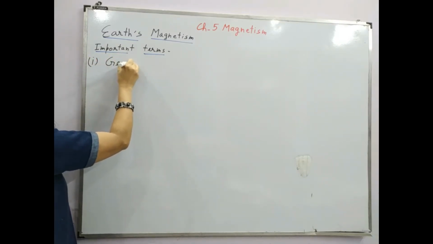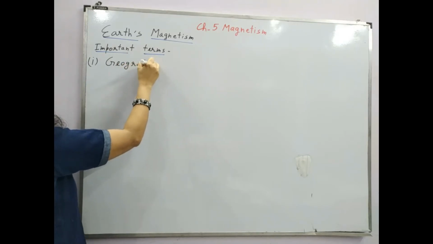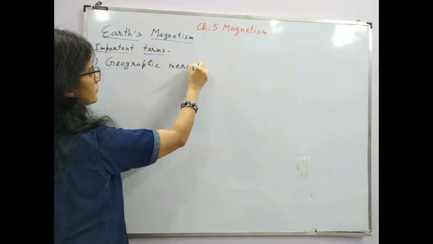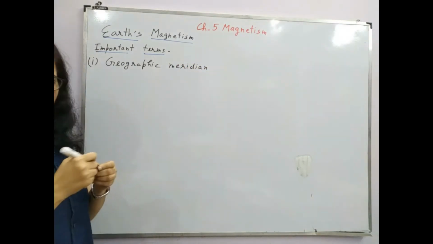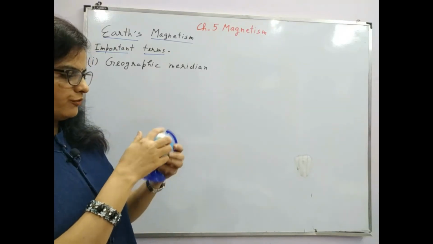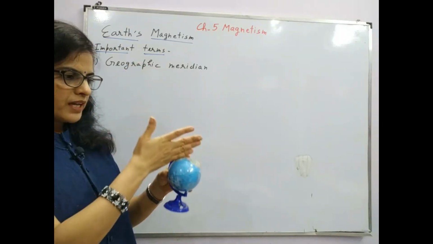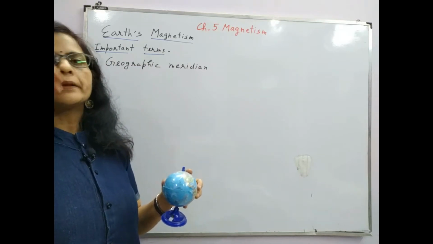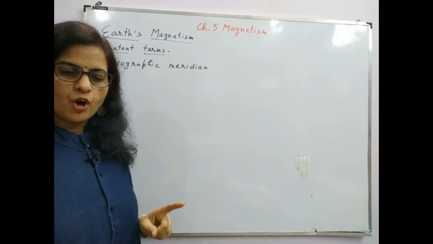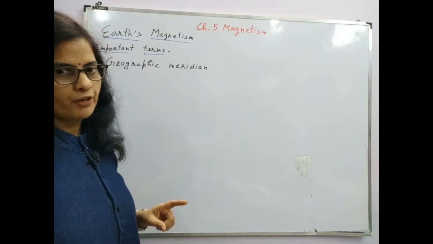Geographic meridian. What is geographic meridian? You know that for Earth we have a north pole and a south pole. So the plane which passes through the north pole and the south pole is called the geographic meridian.